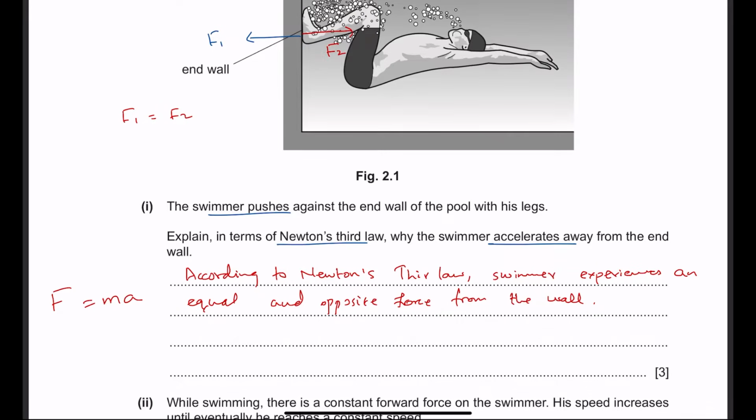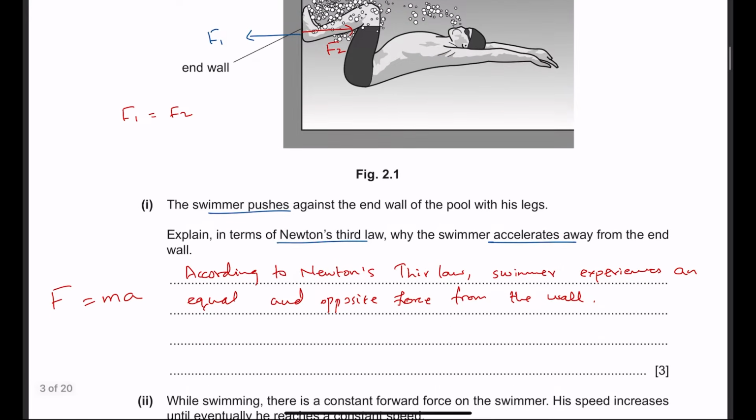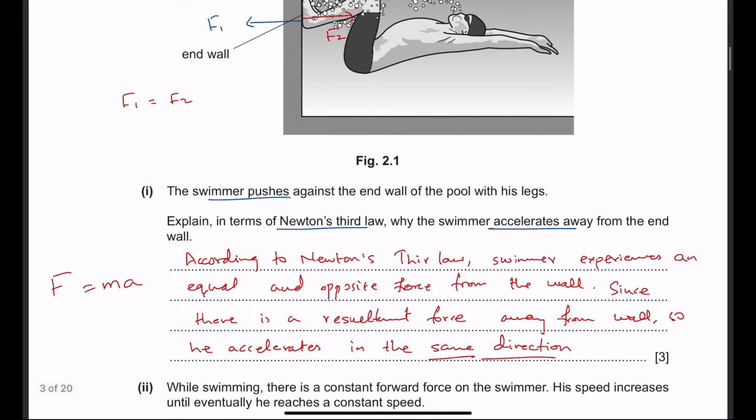So since there is a resultant force acting on the swimmer from the wall, away from the wall, he accelerates in the same direction. It's very important to note that the direction of the acceleration will be the same as the direction of the resultant force, which is away from the wall in this case.